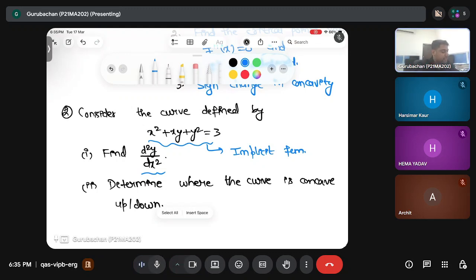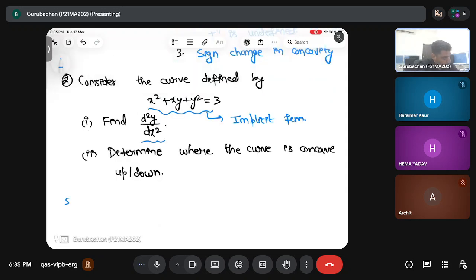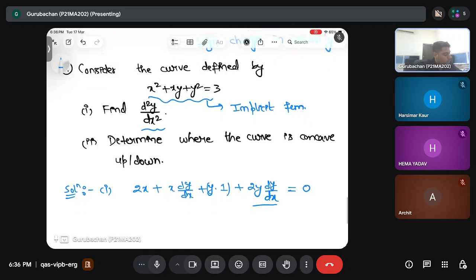So let us differentiate this function implicitly. This will be 2x, and here over xy we have to apply the product rule, that is x dy by dx, then y as it is, and differentiation of x is 1, plus y square will be 2y dy by dx. Since it's a dependent variable, we have to apply the chain rule, and differentiation of constant is 0.